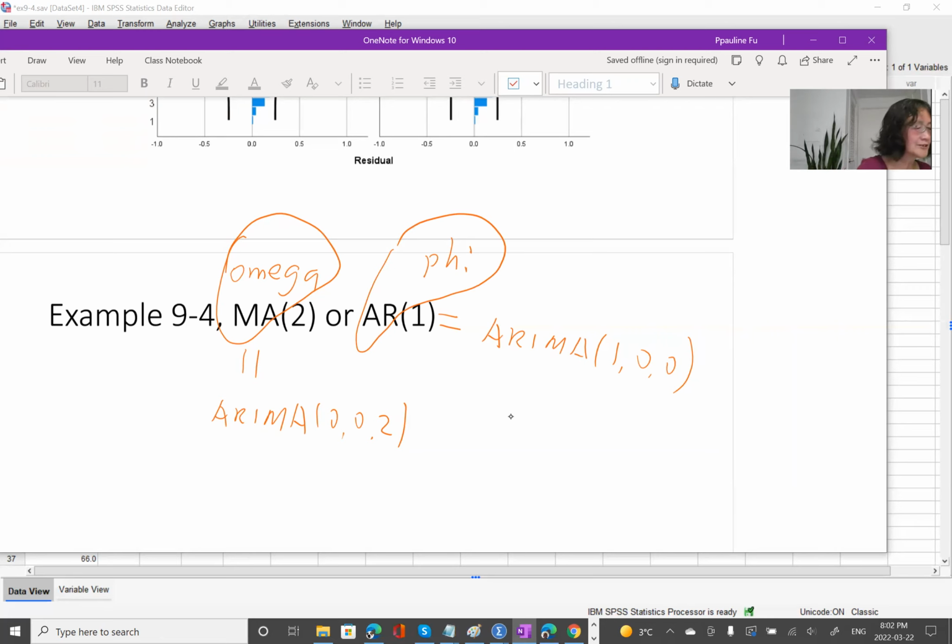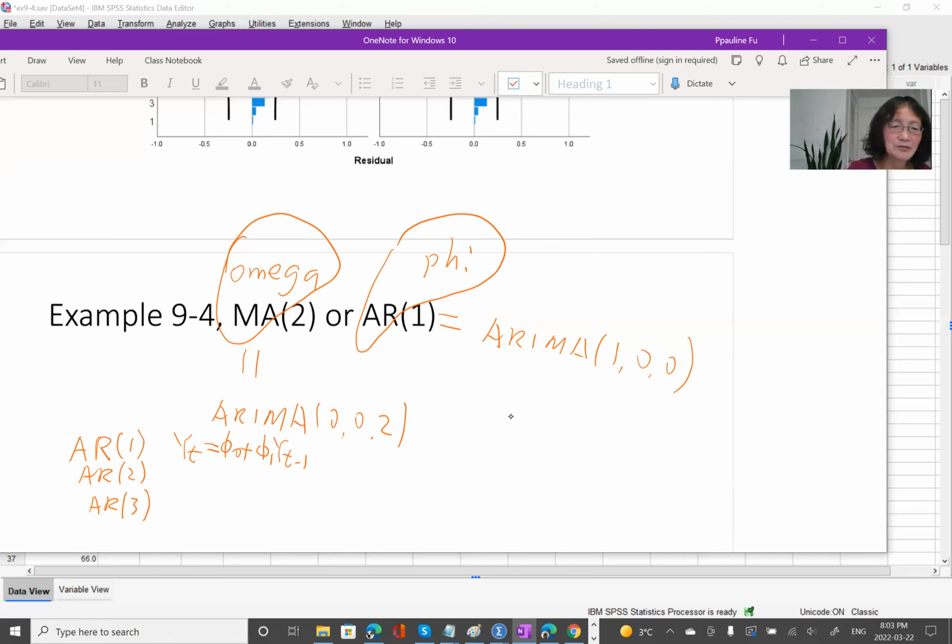Okay, so for example, the AR model, let's write down a few AR models. Let's write down AR1, AR2, AR3. Okay, so what is AR1? AR1 means YT related to YT minus 1. There is a coefficient phi 1. There is a constant phi 0. That is AR1.